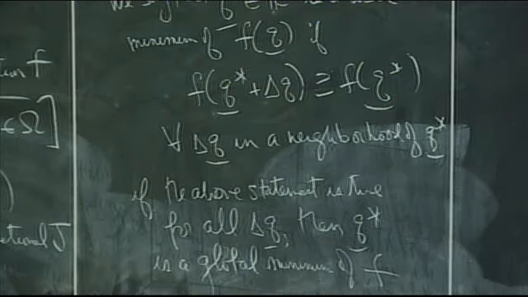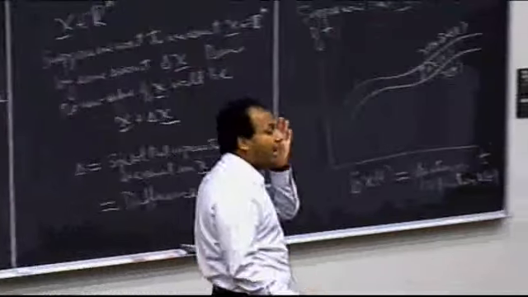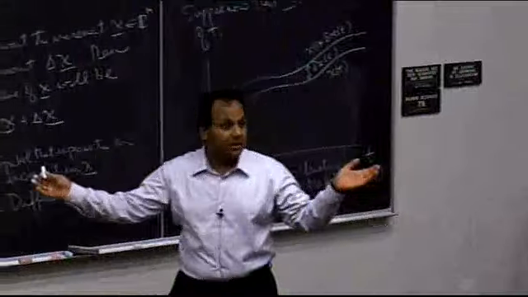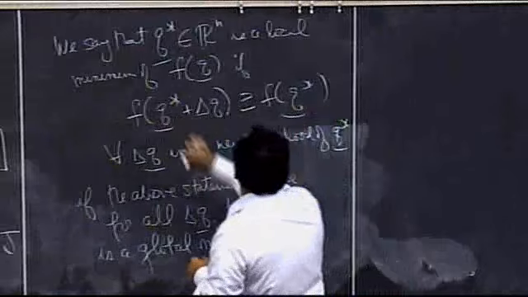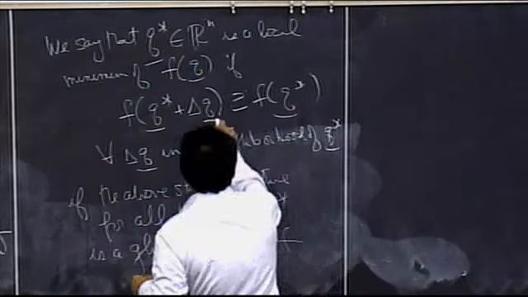Okay? So we only have a global minimum if it doesn't matter how big I make that increment. I can make it as big as I want, and I still wind up such that the function value at q star is smaller than it is everywhere else.